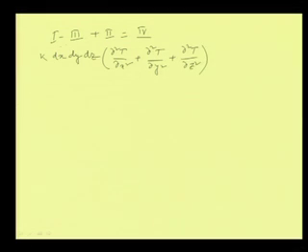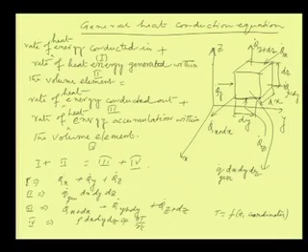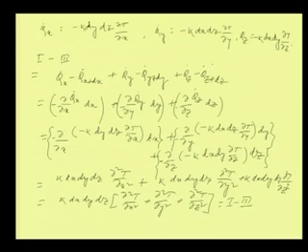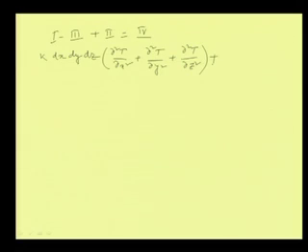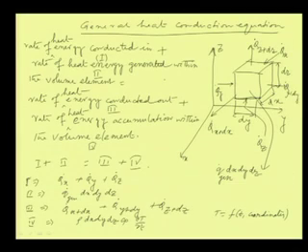Then plus 2, which we have already seen is q dot gen into dx dy dz, and that is equal to 4. What is 4? Already we have seen 4 is rho Cp dx dy dz into del T by del t.